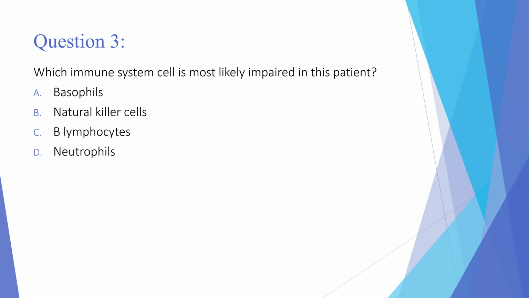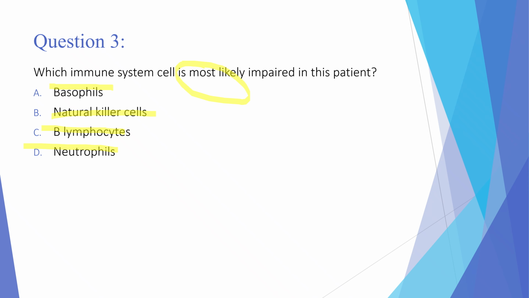Which immune system cell is most likely impaired in this patient? Remember, we did a pop quiz at the end of the chapter. Basophils, natural killer cells, B lymphocytes, neutrophils.